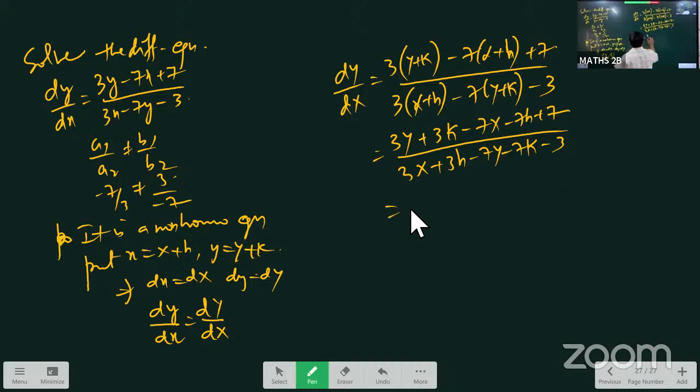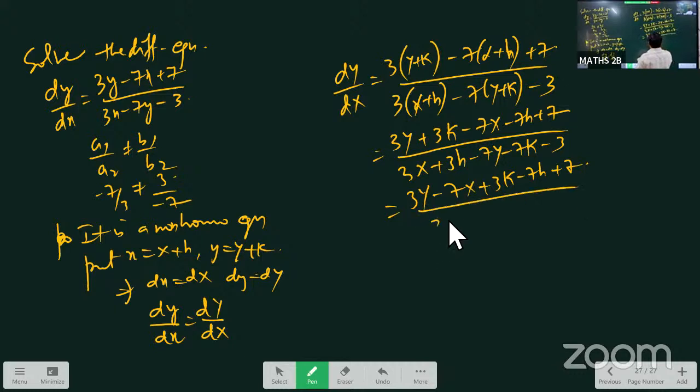On rearranging, (3y minus 7x plus 3k minus 7h plus 7) divided by (3x minus 7y plus 3h minus 7k minus 3). This is your dy by dx.